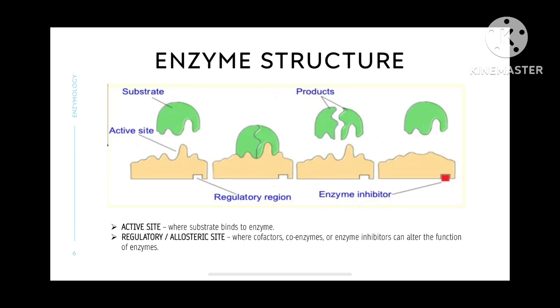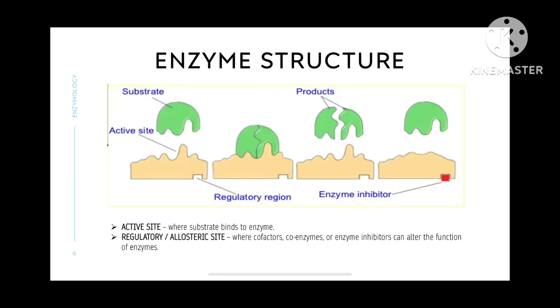So you can see there, class, that in an enzyme, there is a regulatory region and also an active site. Each enzyme class contains an active site. This active site is often a water-free cavity where the substance on which the enzyme would react, or what we call the substrate, interacts with a particular charged amino acid residue.